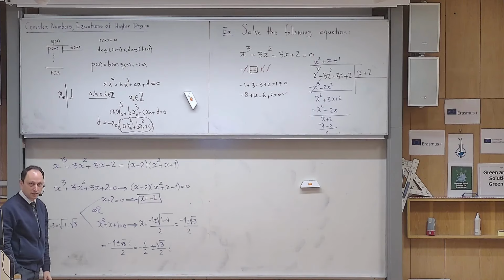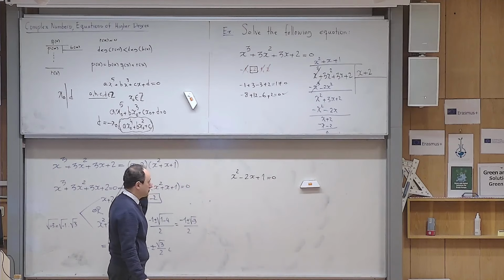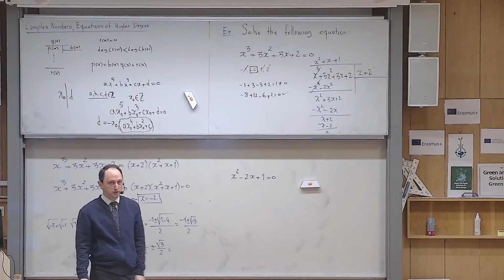But there is one thing that you have to be careful about, considering multiplicities. What do I mean? For example, if I give you x squared minus 2x plus 1, and I don't allow you to work in the complex numbers, and I ask you how many solutions there are for this?